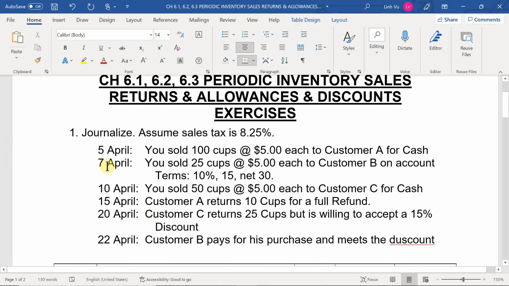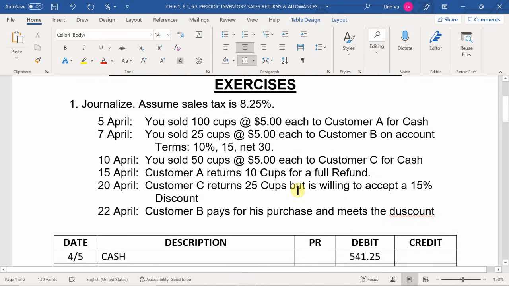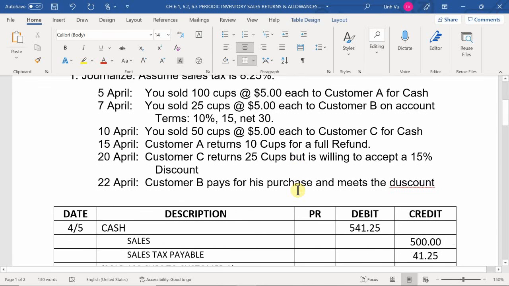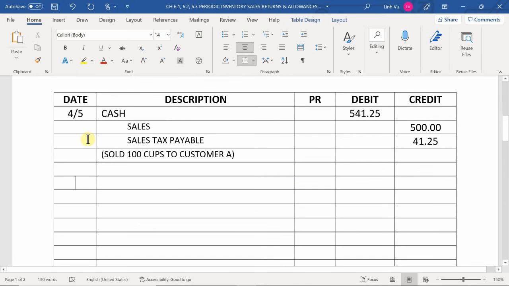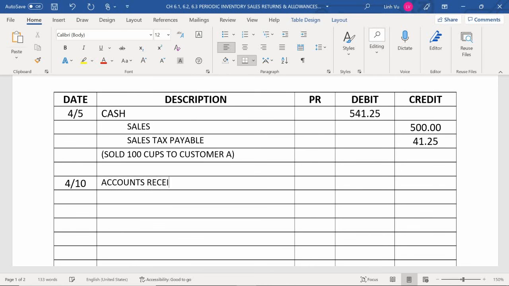All right, so on April 7, you sold 25 cups at $5 each to customer B on account. Terms are 10%, 15, net 30. You're going to use accounts receivable, sales tax.